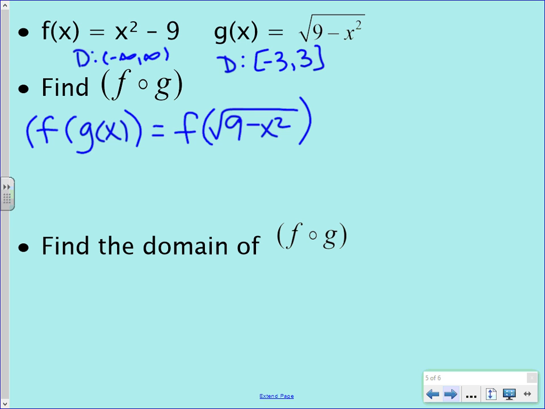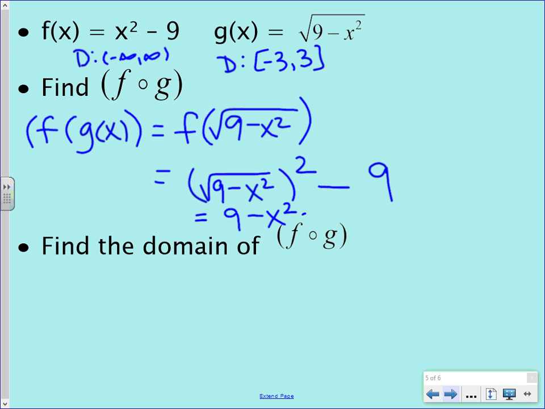So our f function is x squared minus 9, but instead of x, we're going to write g. So then what happens? Those two cancel, right? We're left with 9 minus x squared minus 9, which is negative x squared.